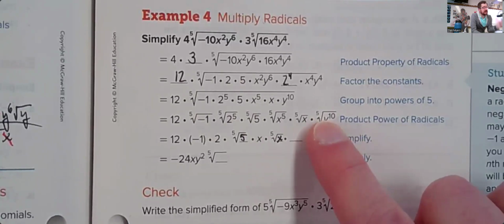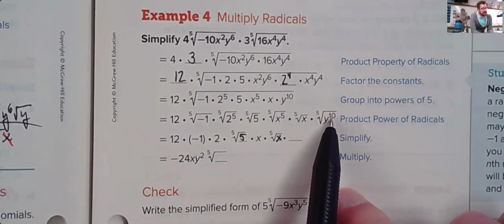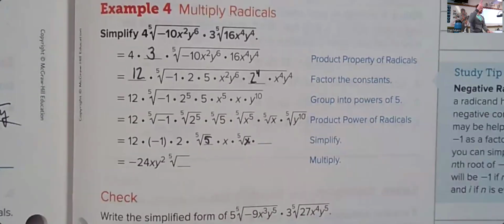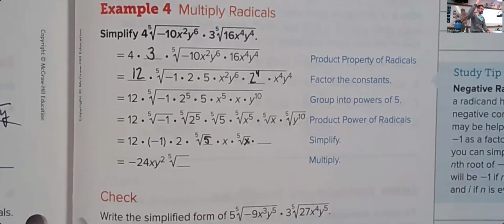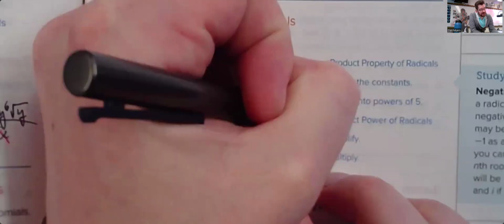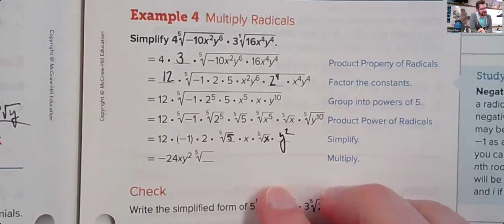Y squared, yeah. So with these ones here, the exponent here can divide by the index here, because y to the 10th power is y squared times y squared times y squared times y squared times y squared. So the fifth root of y to the 10th is y squared.